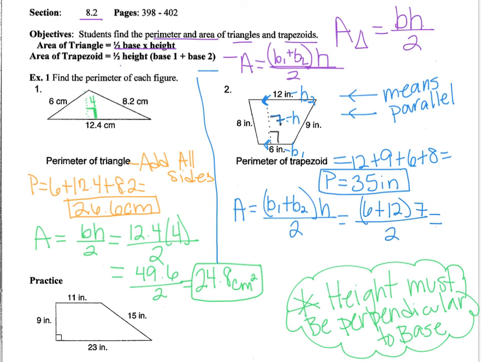So 12 plus 6 is 18, and then I will be taking 18 times 7 and dividing it by 2. So if I multiply that all out, I will get 63 inches squared because we're dealing with area. So I square it.